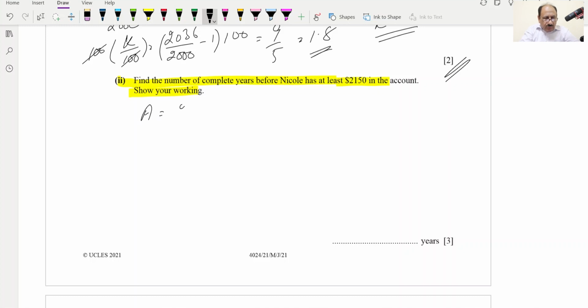A is equal to, now we have to find the completed years, the time duration. So this will be equal to 1 plus 1.8, which is the rate, over 100, and this time duration now we have to calculate.